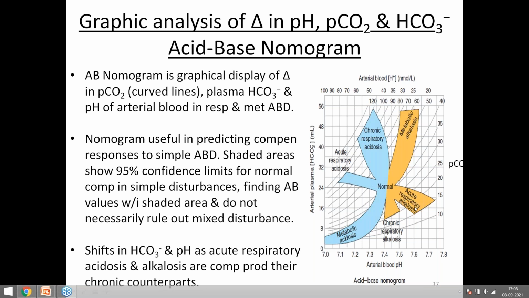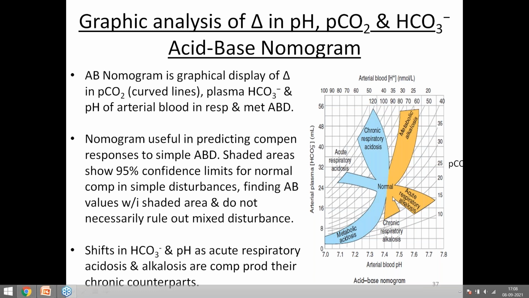In the case of chronic respiratory alkalosis, the PCO2 values are lesser, around 10 or less than 10, and the bicarb value has gone down. It is far lesser than in acute. Why? In trying to compensate.